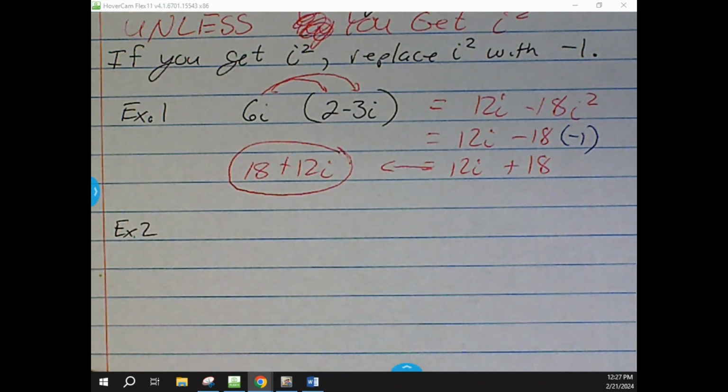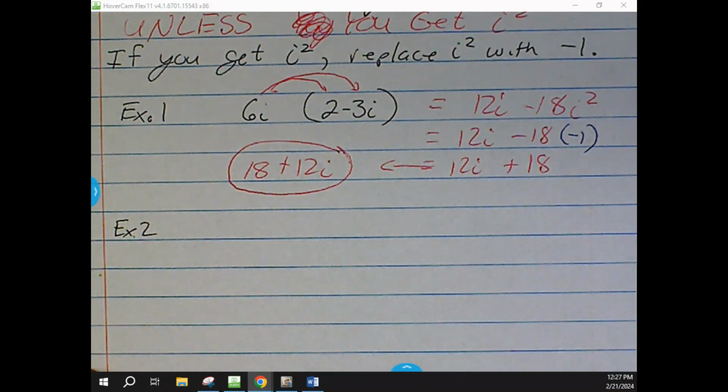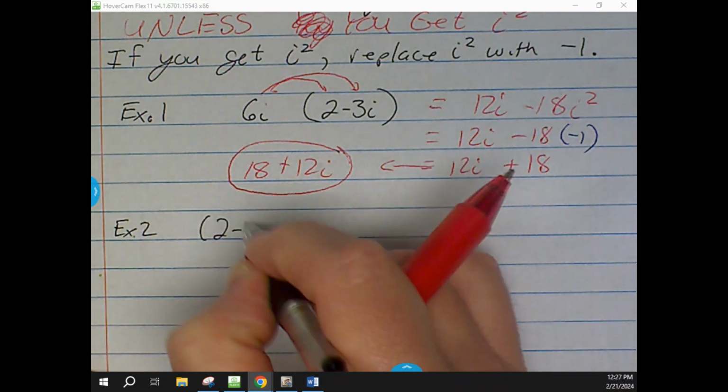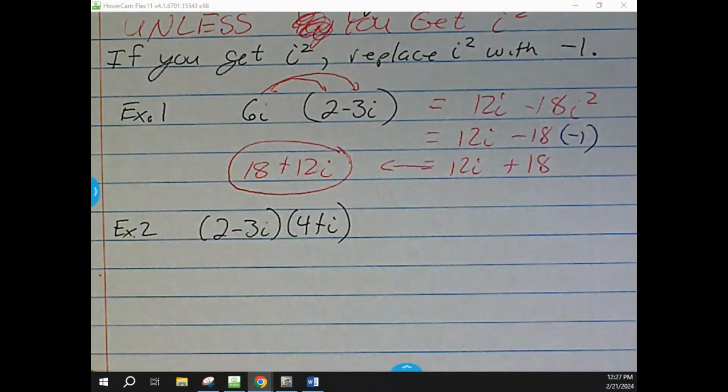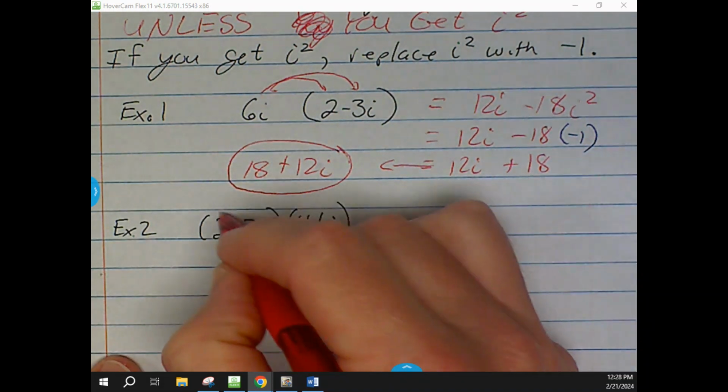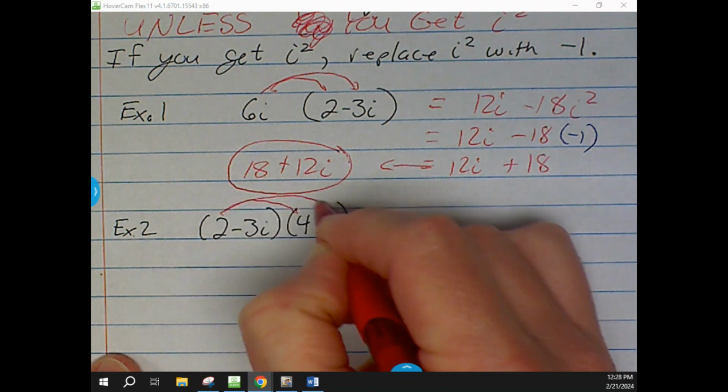Okay, so the next one we'll do the full method, which again, some people just call it double distributed property. So we'll show you that one. If it's 2 minus 3i, we're going to multiply that times 4 plus i. First thing, we'll do 2 times 4, and then 2 times the i.